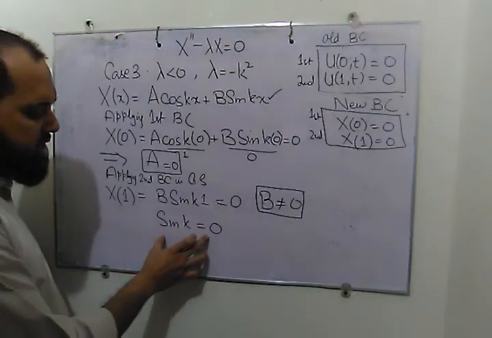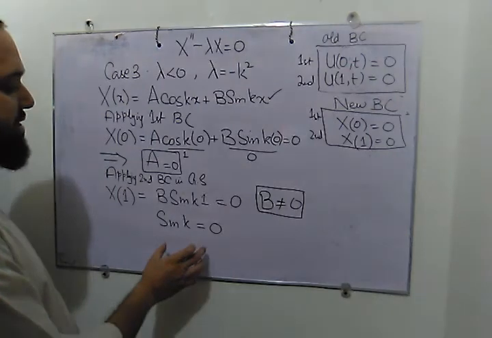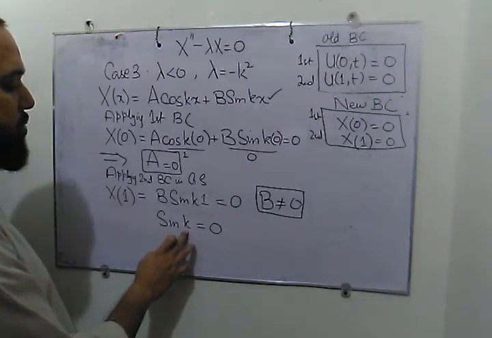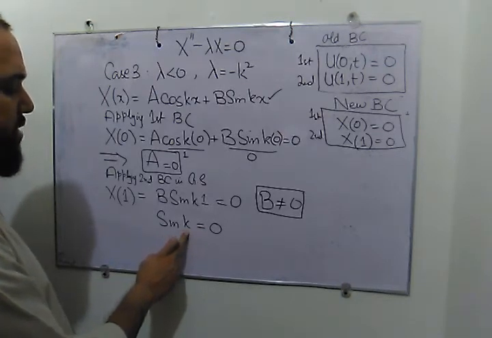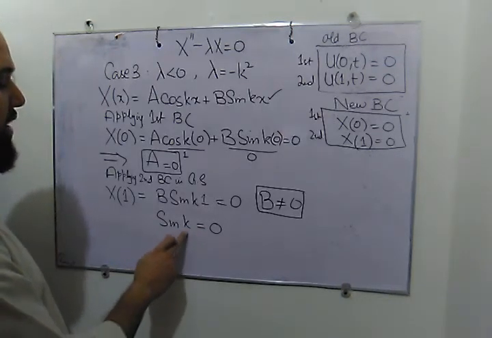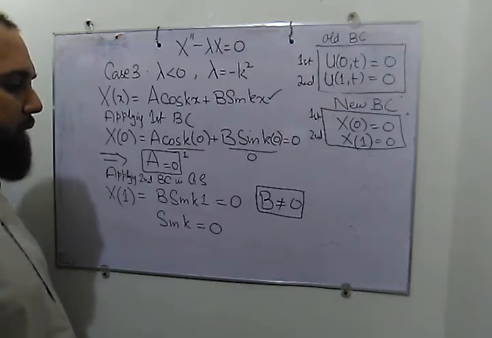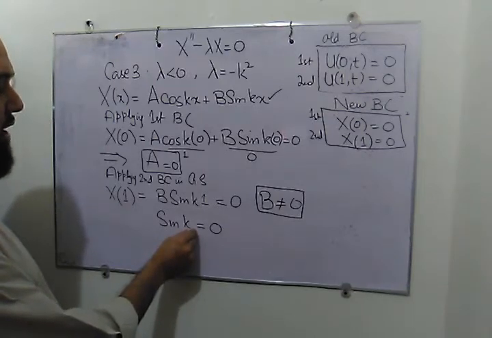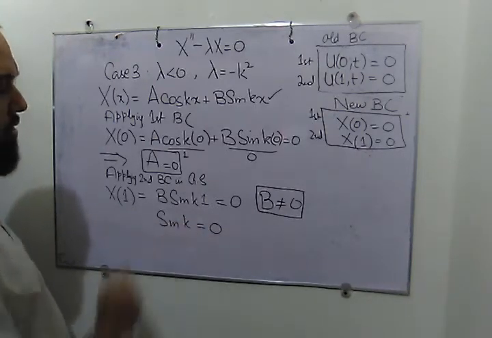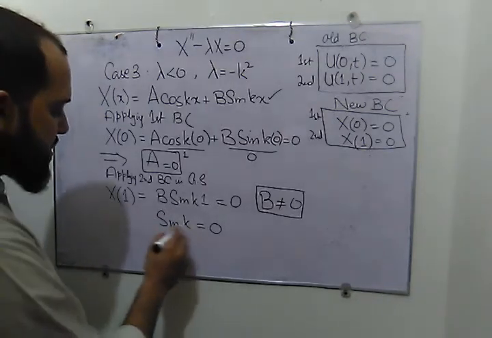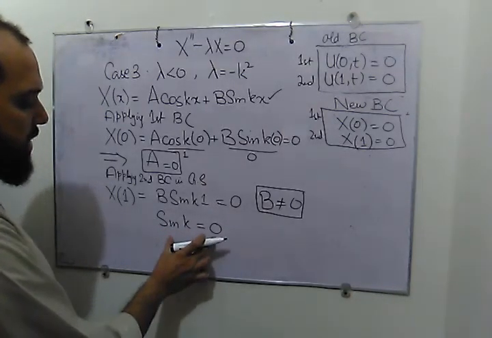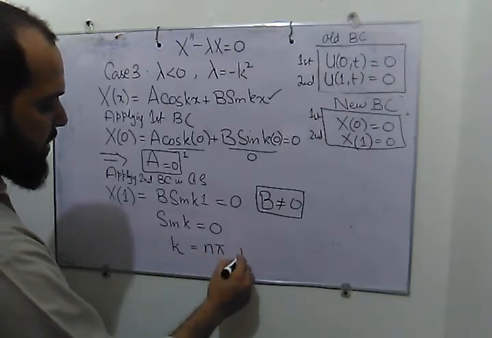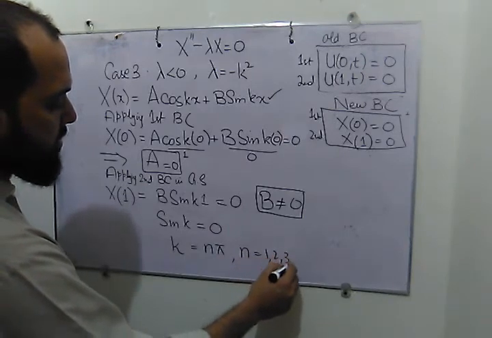Now in order to justify this statement that sine k is equal to 0, we can say that sine k can be 0 if k is equal to pi, sine pi is equal to 0, or sine 2 pi, or k is equal to 3 pi, or k is equal to 4 pi. So for each multiple of pi, if k is equal to that quantity, then this term will be equal to 0, which means that it only happens when k is equal to n pi, where n is equal to 1, 2, 3.